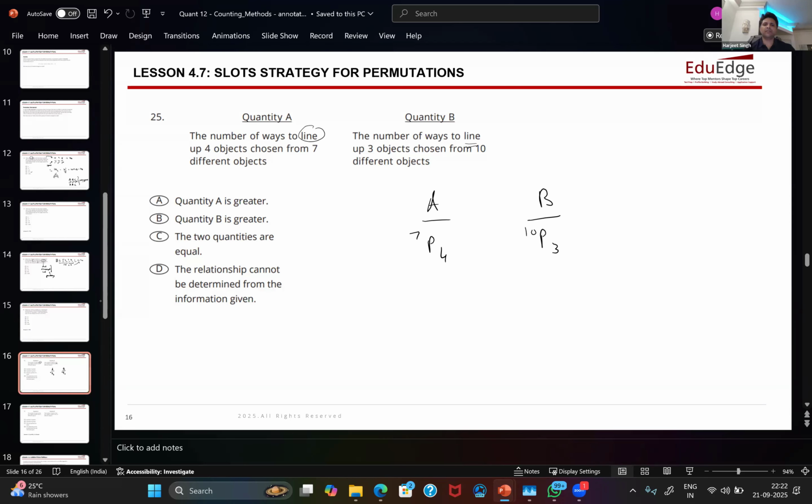And hence, all that we have to do is now try to solve this, simplify. This is 7 factorial divided by 3 factorial. This is 10 factorial divided by 7 factorial, which means this is 7 into 6 into 5 into 4. And this is 10 into 9 into 8.